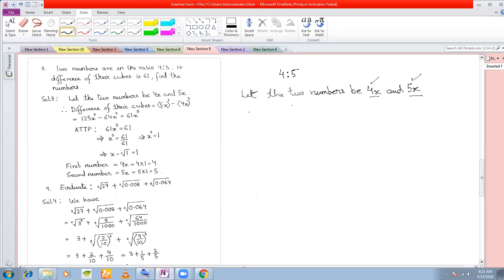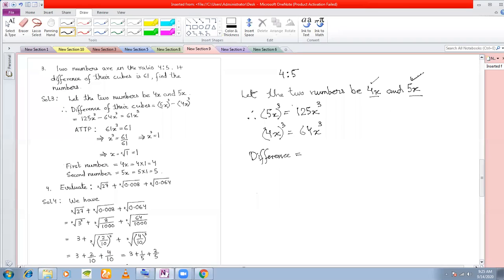Okay, so what is the cube of 5x? Therefore, cube of 5x is 125x cube. And what is the cube of 4x? It is 64x cube. What is the difference? Difference of their cubes. When we take difference, we subtract what? The lower number from the higher number.